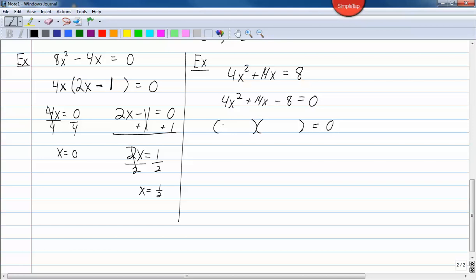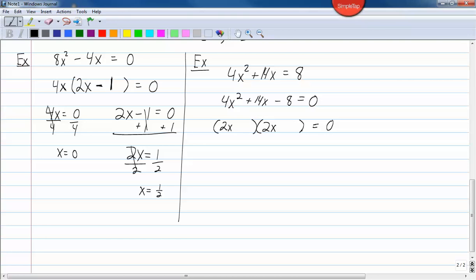So I'm going to first try to split this up 2x and 2x. And if I try every way that I know how to factor this using 2x and 2x and it doesn't work out, then I'll go back and I'll try to work it out using 4x and 1x.